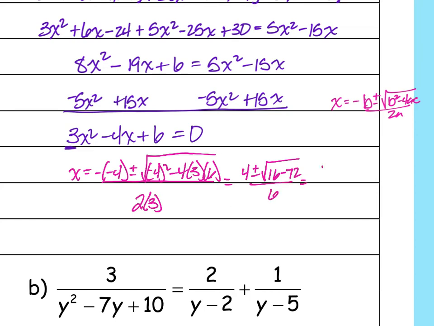I'm starting to write smaller. Plus or minus the square root of 72 minus 16, that's 56. I think 56 is divisible by 4. Divided by 6.